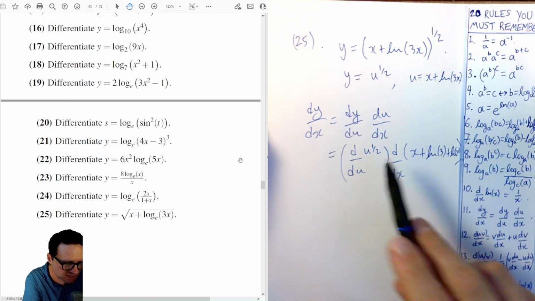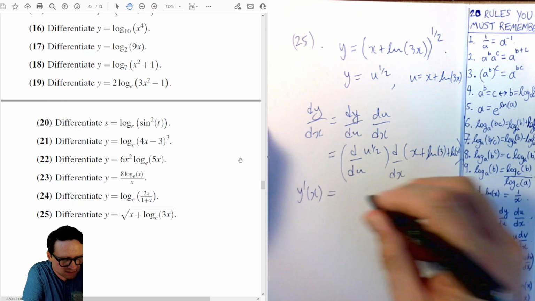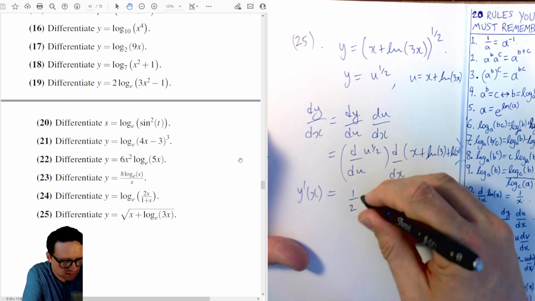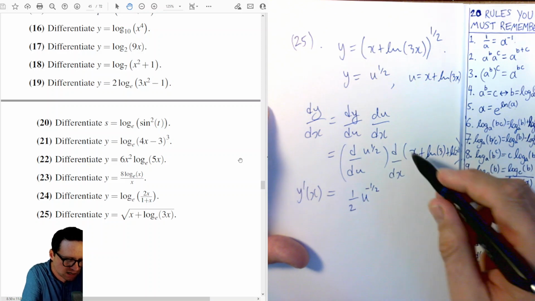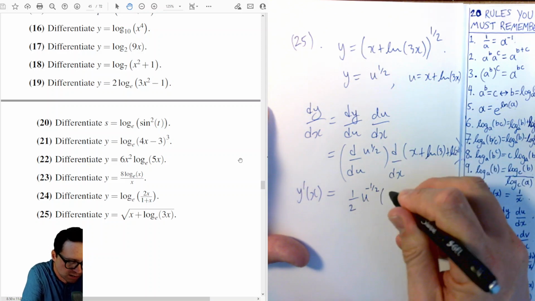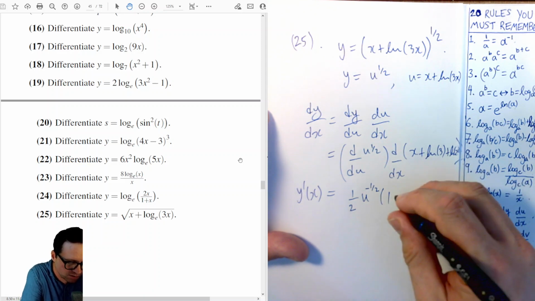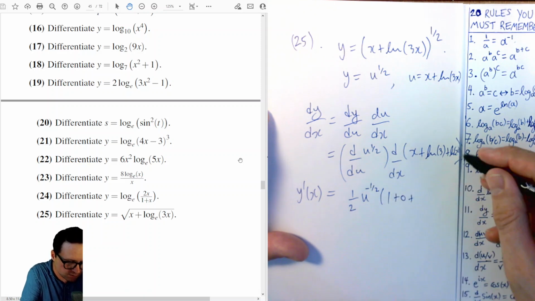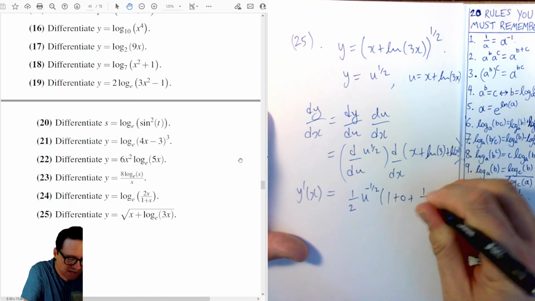Okay, now differentiating these, we've got y dash of x equals 1/2 u to the power of a half minus 1, which is minus a half, and then the derivative of x is 1. Keep the bracket in place. The derivative of log 3 is 0. The derivative of natural log of x with respect to x is 1 on x.